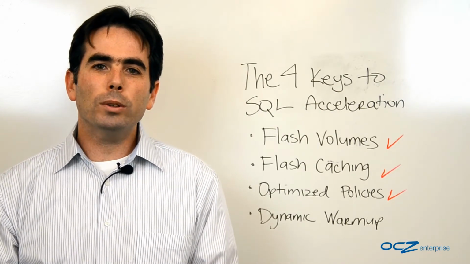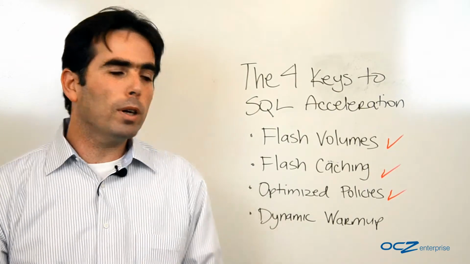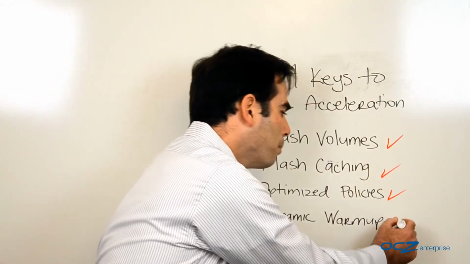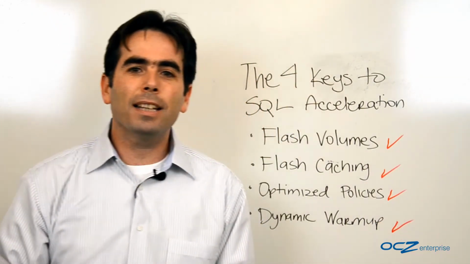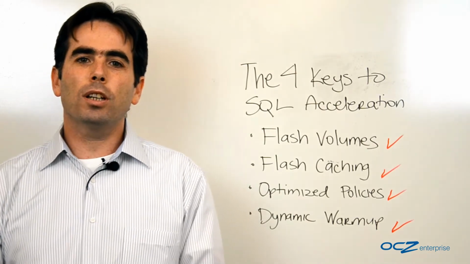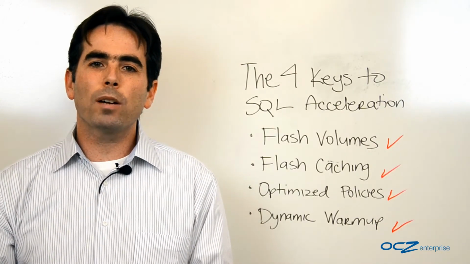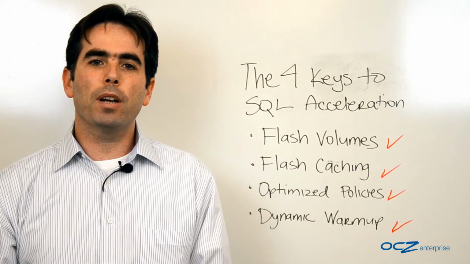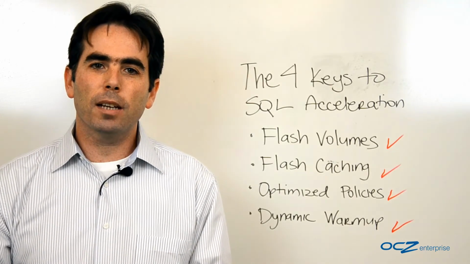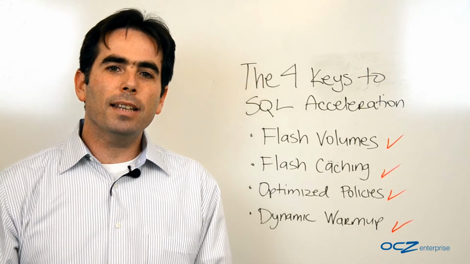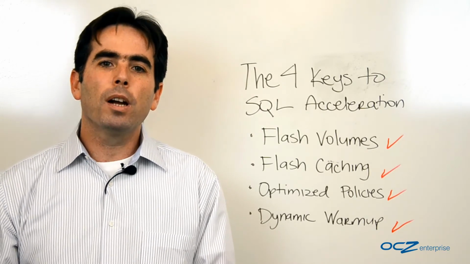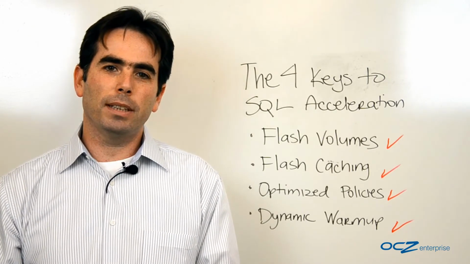To do that, OCZ ZDXL employs dynamic warm-up with intelligent analysis. This feature allows the card to track what data is used periodically on the system and makes sure that that data will be available there exactly when the system needs it.